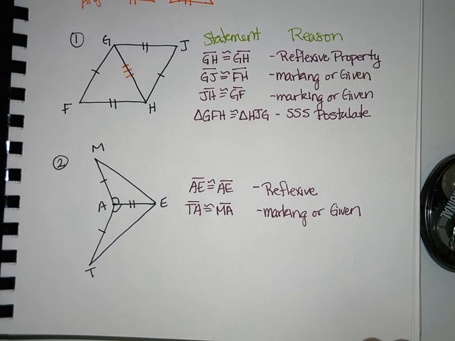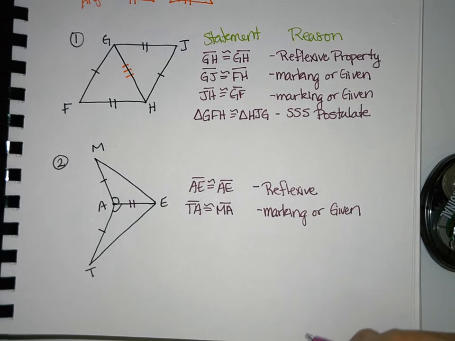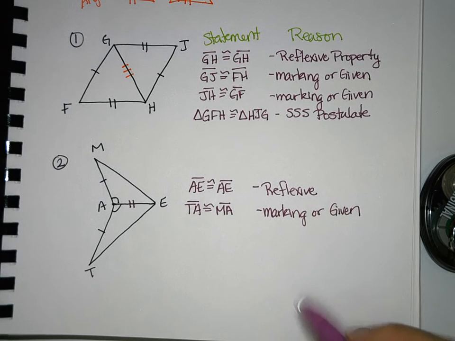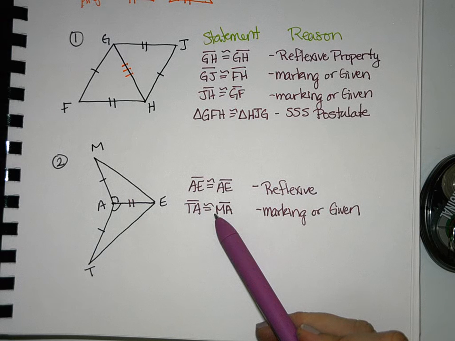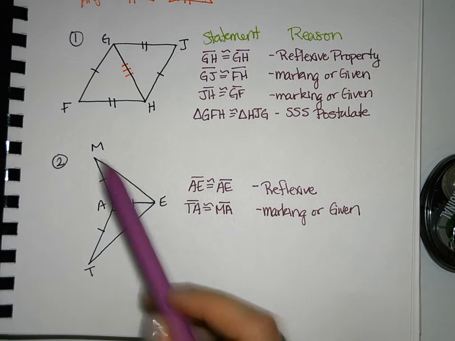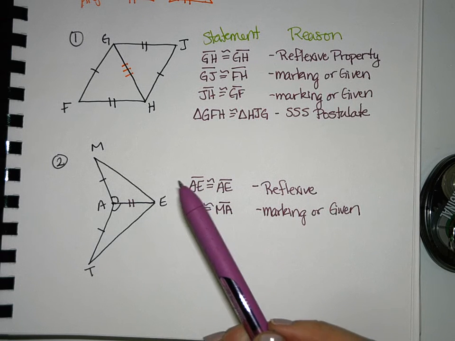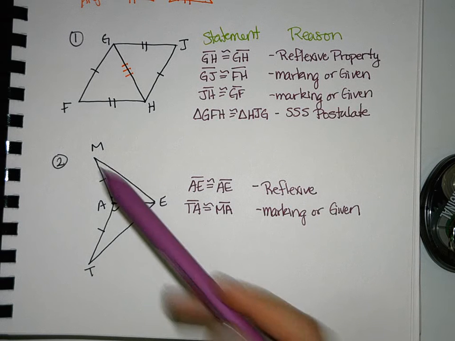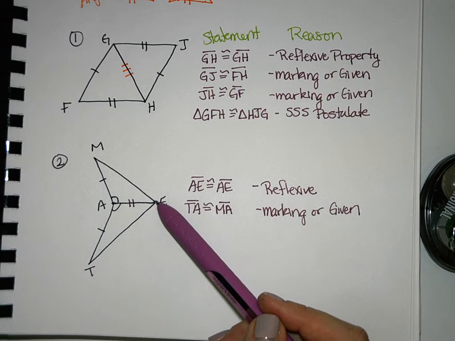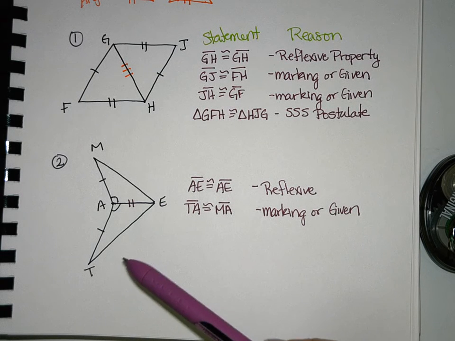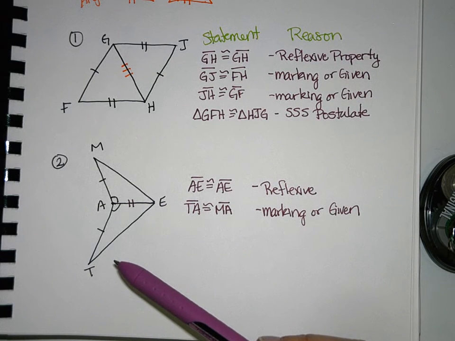We wanted to try to use side angle side. What's missing? We have a side, a second side. What's the third thing we would need? But that would give us a side. What else in the picture do we know that we haven't written about? MEA.